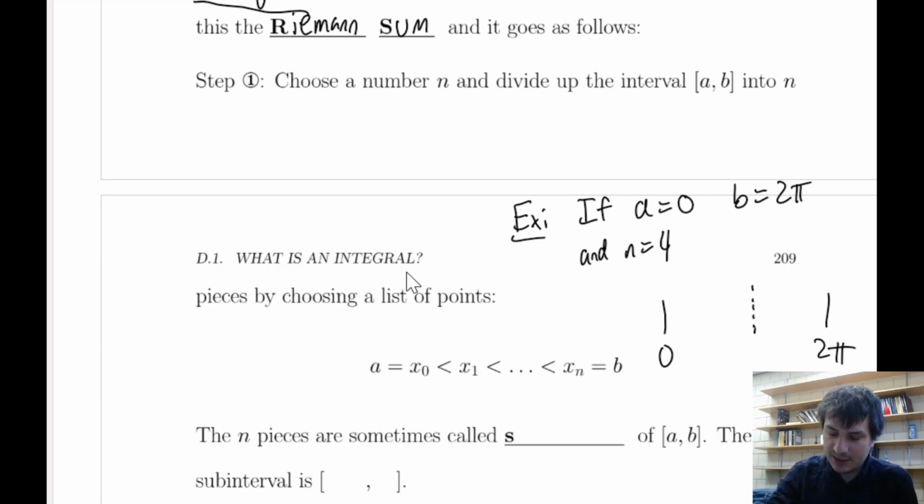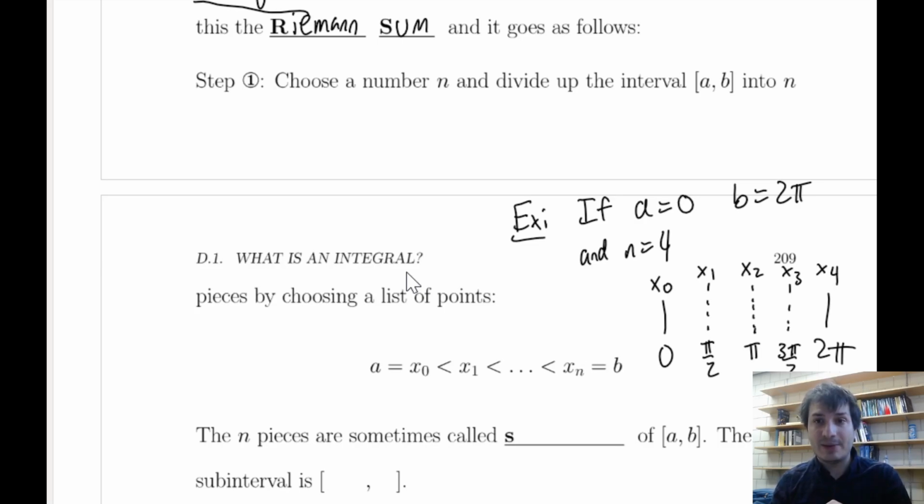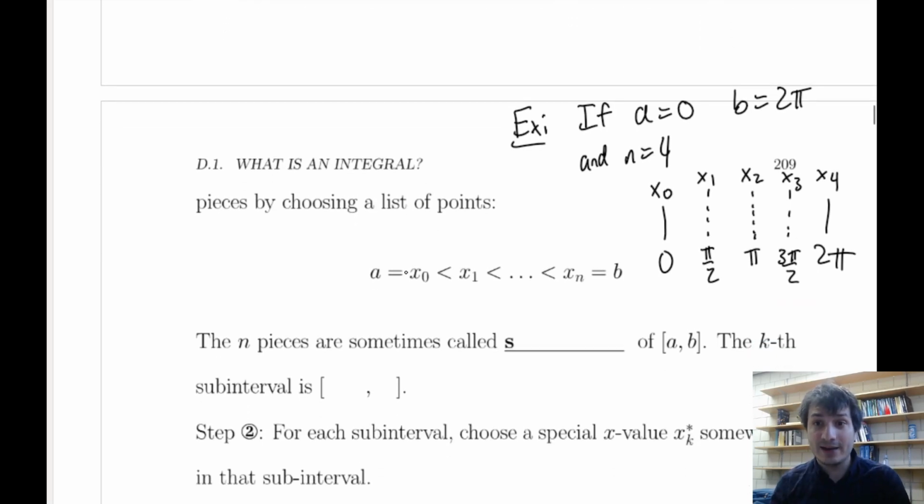There's going to be a middle line at pi, one at pi over 2, and one at 3 pi over 2. We label the points x0, x1, x2, x3, and x4. So x0 is 0, x1 is pi by 2, x2 is pi, x3 is 3 pi by 2, and x4 is 2 pi in this example.